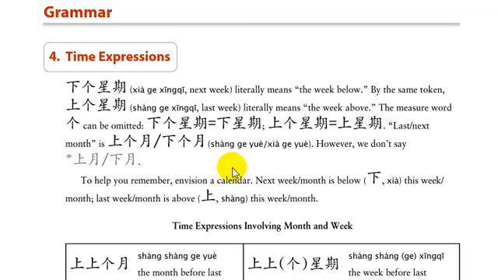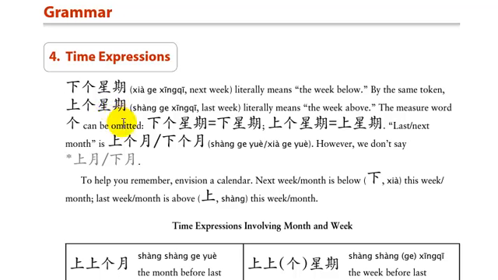An easy way to remember it, they recommend, is to picture a wall calendar with weeks in rows, and you have the weeks above and the weeks below. If you use this week as a point of reference, the week above was last week, and the week below is next week. So that's an easy way to remember 下个星期 for next week, and 上个星期 for last week.